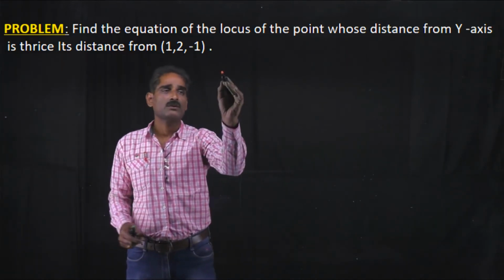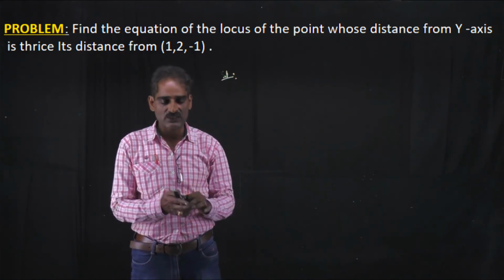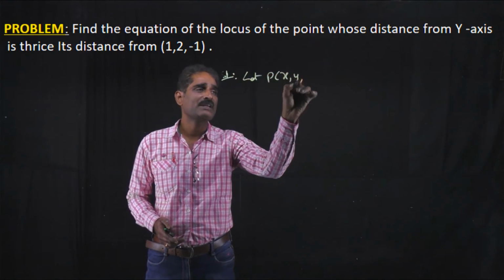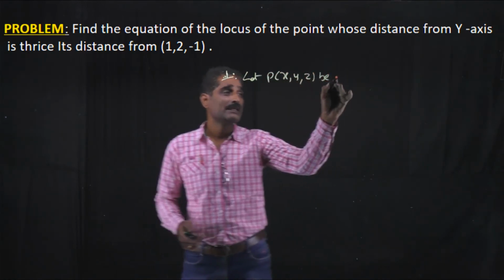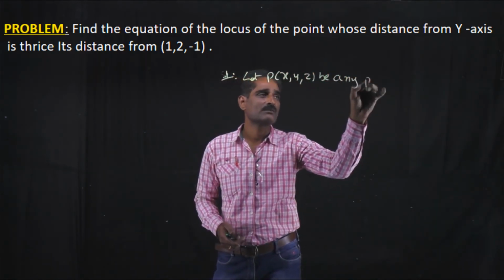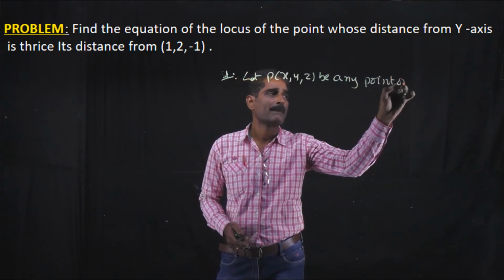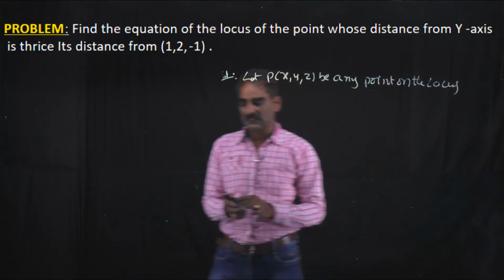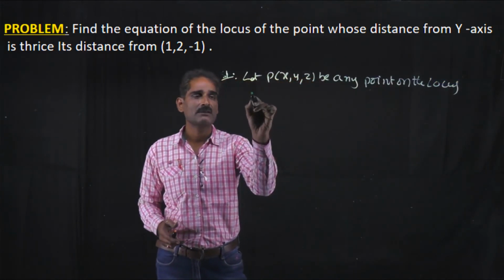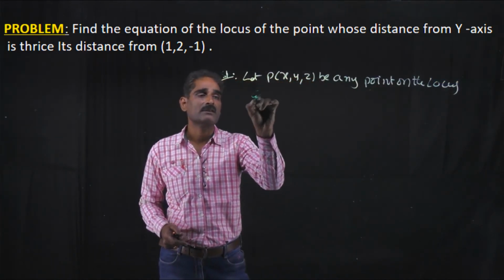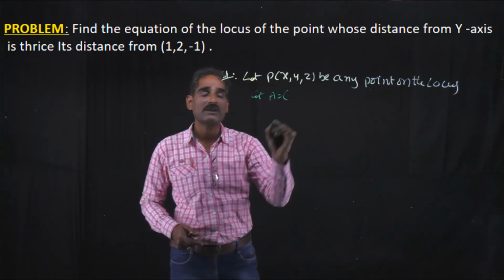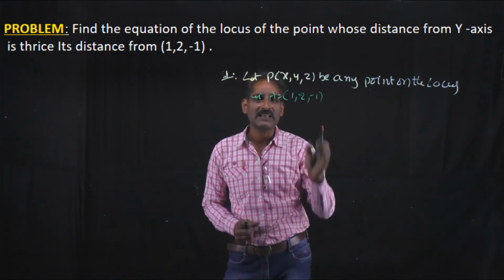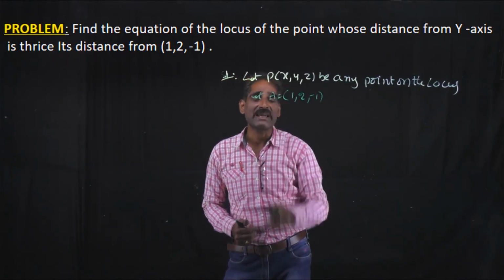Let P(x, y, z) be any point on the locus, and the given point A has coordinates 1, 2, minus 1. Now here there are two distances, P to A and P to the y-axis.